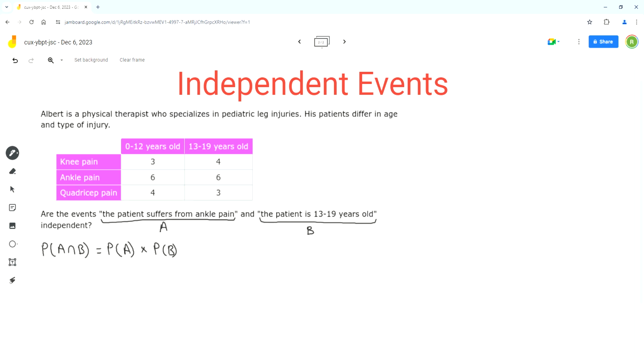So we have to calculate these three probabilities and then we will use those probability values to check whether they satisfy this independent events equation.